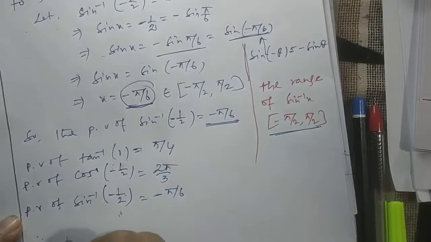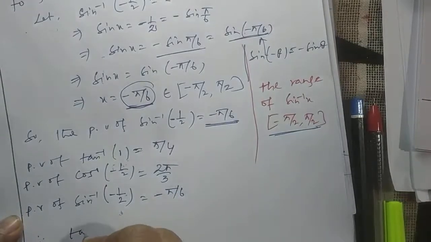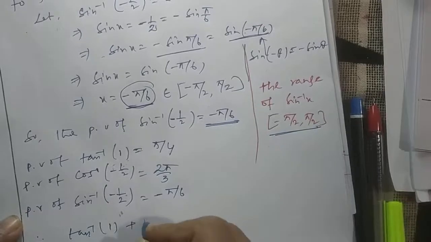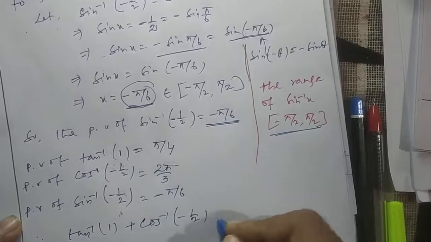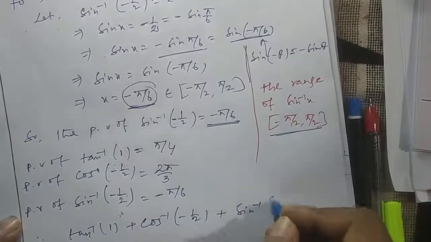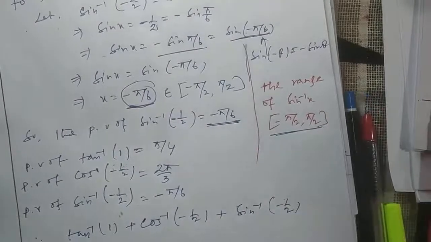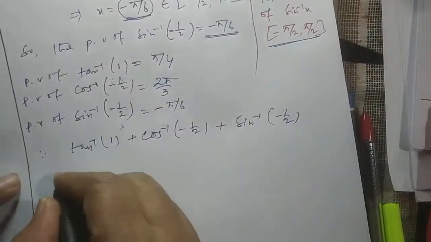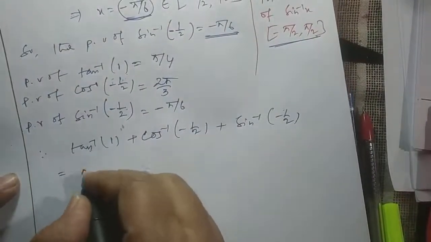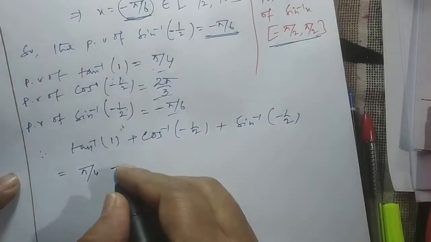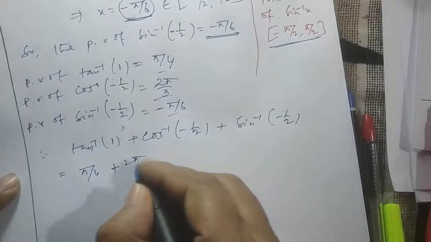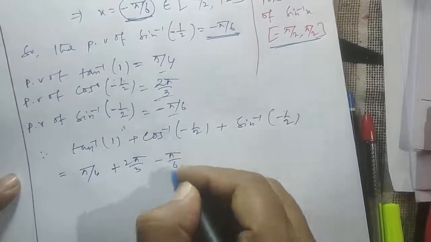So tan inverse 1 plus cos inverse minus half plus sin inverse minus half, we will be now adding all the PVs that we got in the previous step. Pi by 4 plus 2 pi by 3 minus pi by 6.